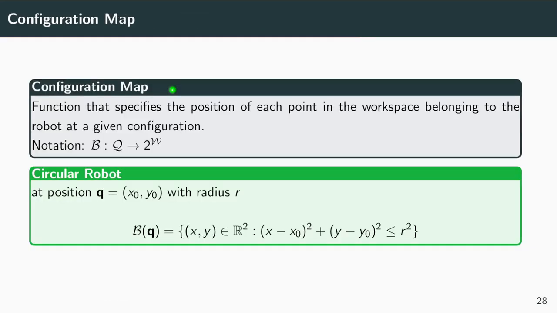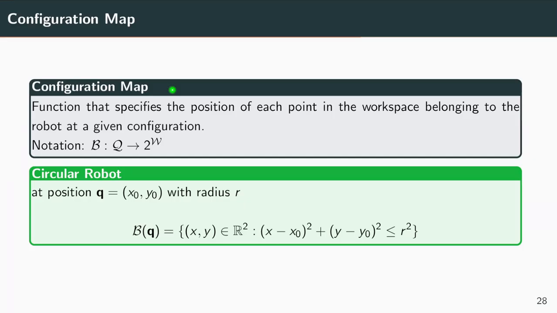Okay, then a little bit more definition. What we will also need is what is known as a configuration map. The configuration map specifies, given some configuration Q, which points are occupied by the robot. And that typically depends on the shape of your robot.